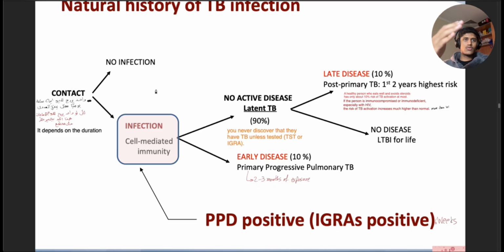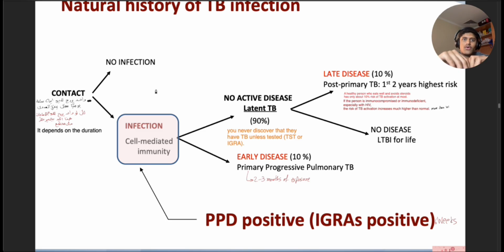Why? Because once you get a contact and an infection comes, and the cell-mediated immunity starts working on the TB itself, we will see different changes in both primary progressive pulmonary TB and the post-primary TB after the first 2 years. So let me give you a story. We have Khalid, for example, who has been in contact with a TB patient.